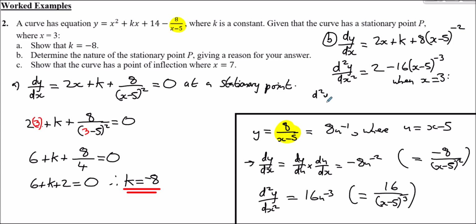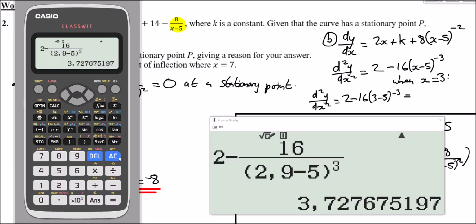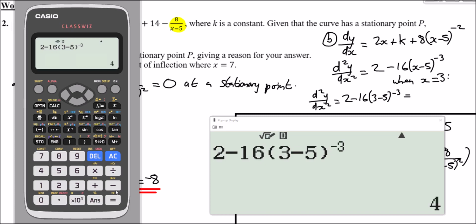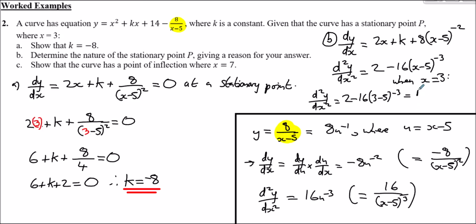So we have d squared y over dx squared equals 2 minus 16, 3 minus 5, all to the minus 3. So what's that going to be? Let's just see. 2 minus 16 brackets 3 minus 5 to the power minus 3. That gives us a value of 4, but essentially what matters is it's positive.